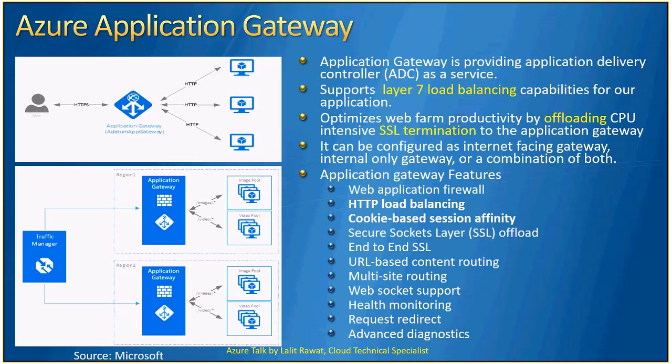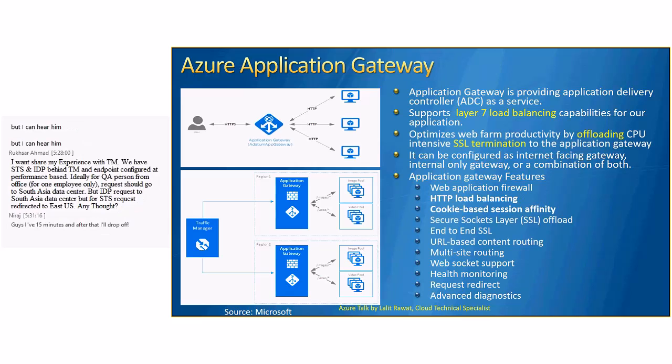Okay. So Azure Application Gateway is a layer 7 load balancer, a layer 7 protection layer which is provided for your applications, your VMs, web apps, and production apps. It has the feature of a web application firewall, which secures your applications, and it load balances HTTP and cookie based sessions.